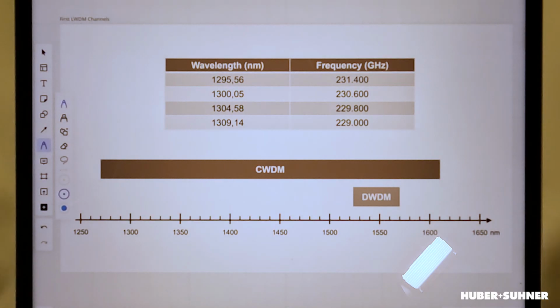Now the obvious question is, why didn't they just use 4 CWDM or DWDM channels at the time? After all, those grids were already specified. Well, there were technical reasons why that wasn't possible. The first reason was that the channel spacing had to be very narrow to minimize dispersion differences between those 4 channels, and the channel spacing of CWDM simply was too big for that.